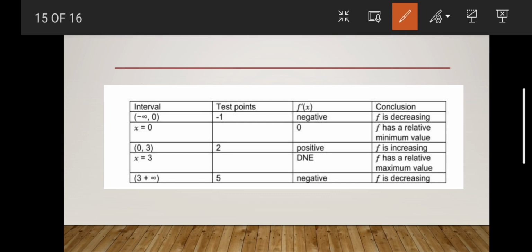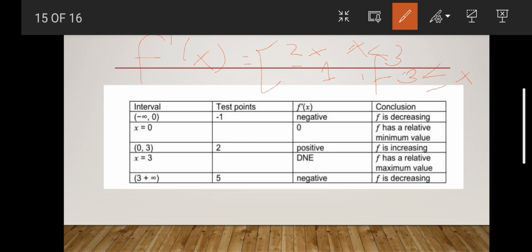So let us now copy first our f prime x. That is equal to 2x if x is less than 3, and negative 1 if 3 is less than or equal to x. So we have our test point, negative 1.